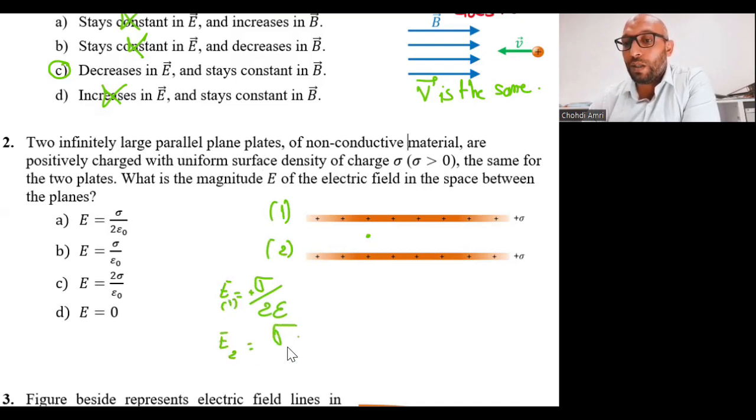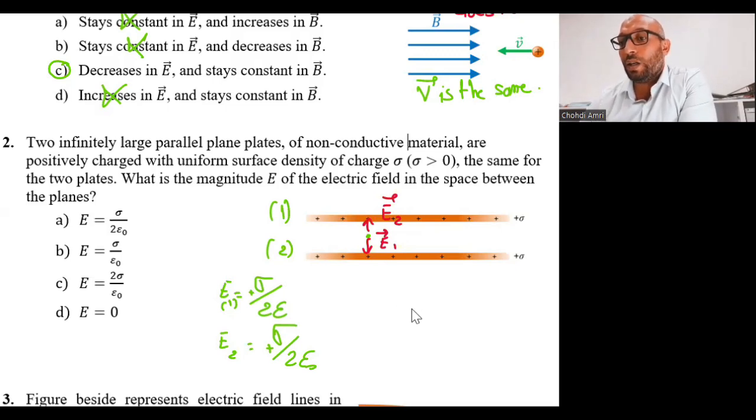Both of them are sigma over 2 epsilon naught because the two plates are positively charged with the charge density sigma. The first plate produces an electric field outward, because it's positively charged. The second plate also produces an electric field outward, because it's also positively charged.